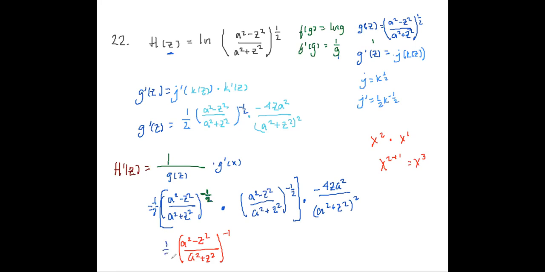So this is 1/2 times 4 minus 4z squared over a squared plus z squared.